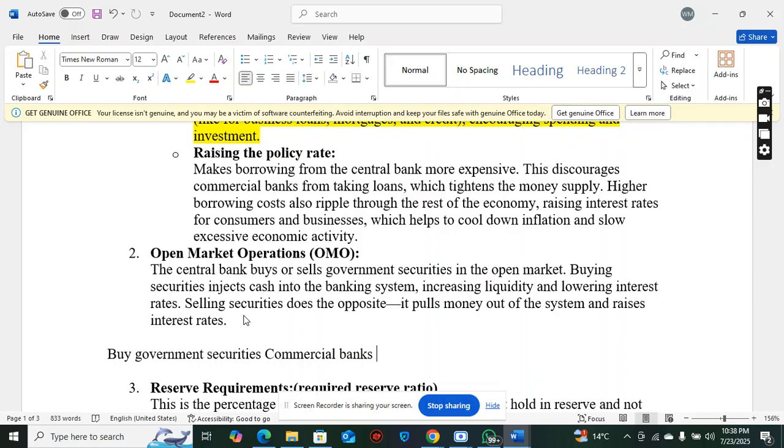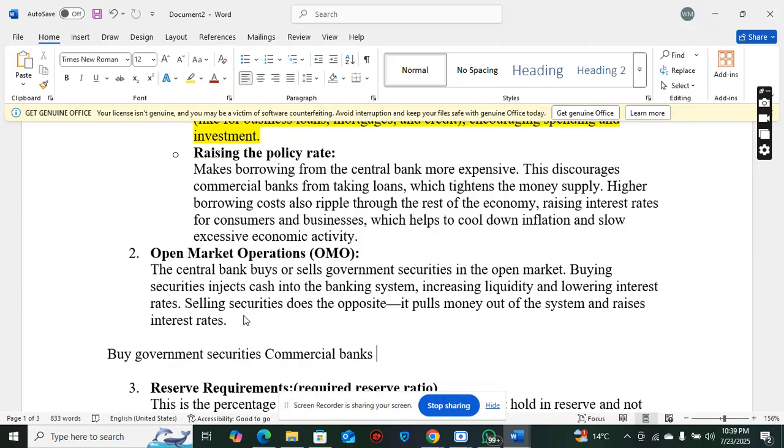And as they loan out more money, obviously, interest rates are going to have dropped. So it means now businesses can come and borrow money. The cost of borrowing would have gone down. Okay. So, in terms of open market operations, the central bank is going to buy treasury bills from the commercial banks.